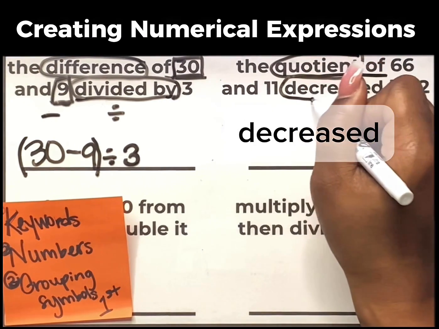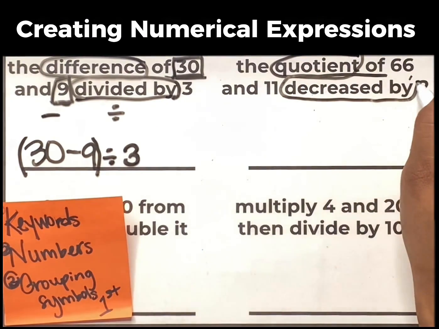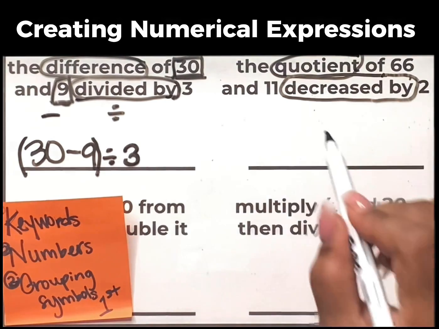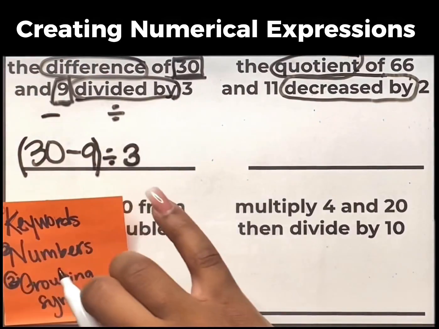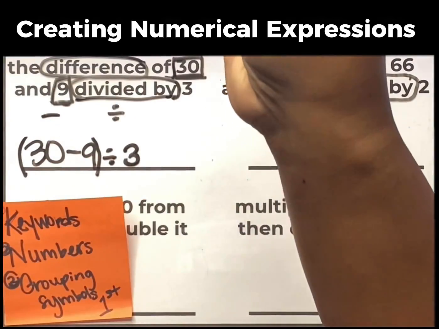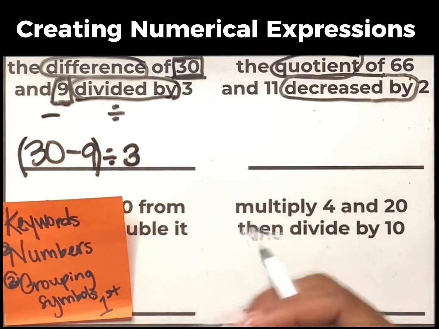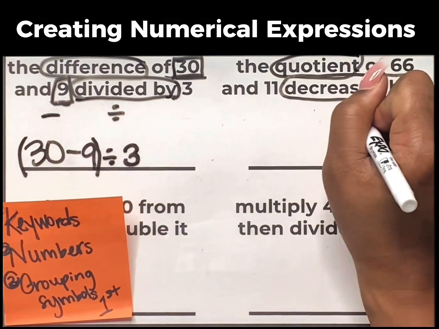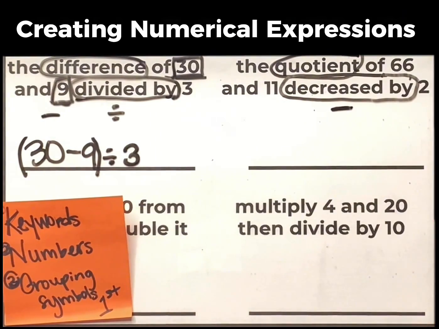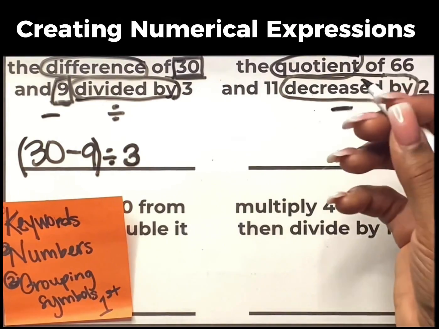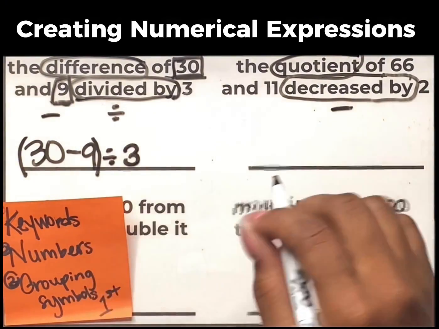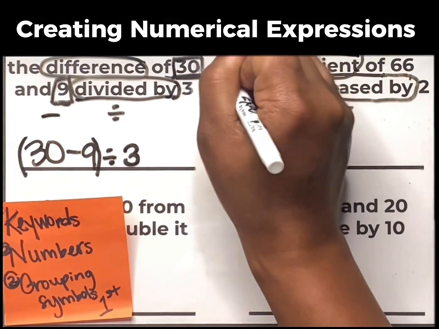Decreased. What does decreased mean? Do you think that means to add more of a quantity or remove or subtract? Hopefully you said subtract. Great job. And quotient, that's the answer to a division problem. So that's division.